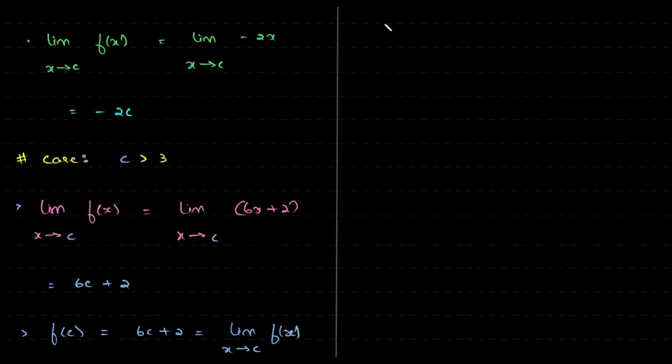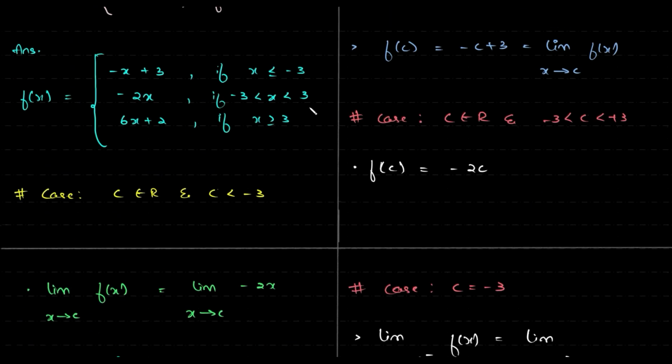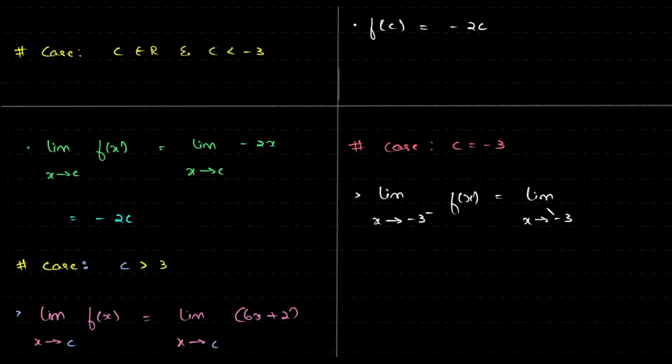Now finally we have two different cases. Case when c is equal to minus 3. We can approach the limit from the left hand side and the right hand side, because the behavior differs. When we approach the value of minus 3 from the left hand side, the behavior is minus x plus 3, and so this is minus 6.